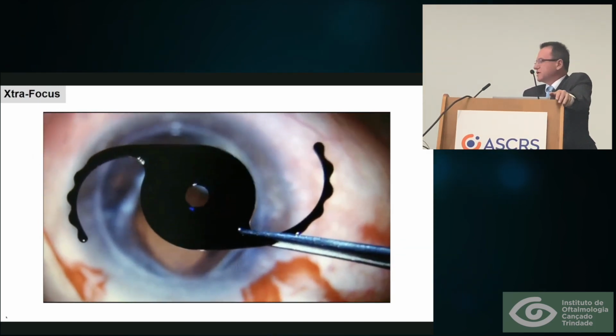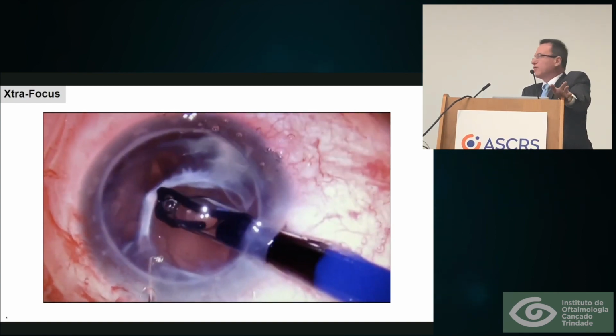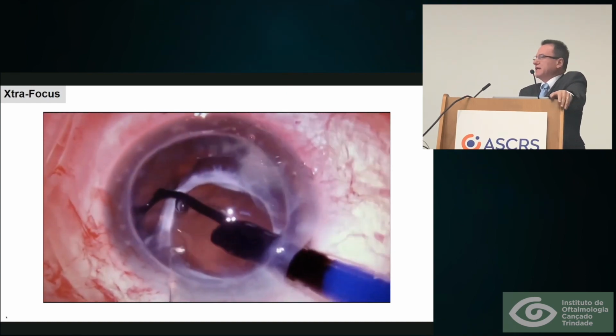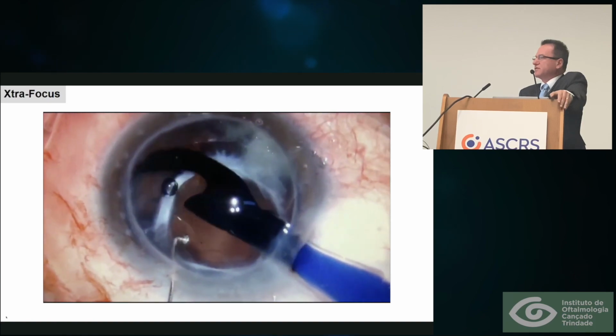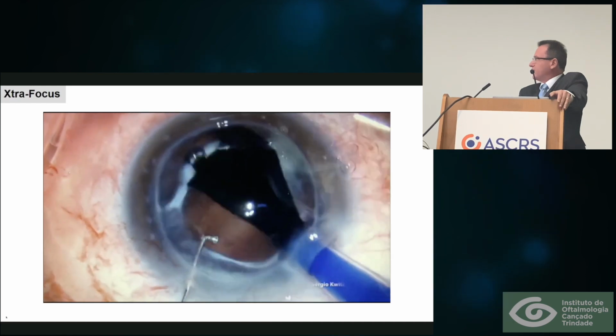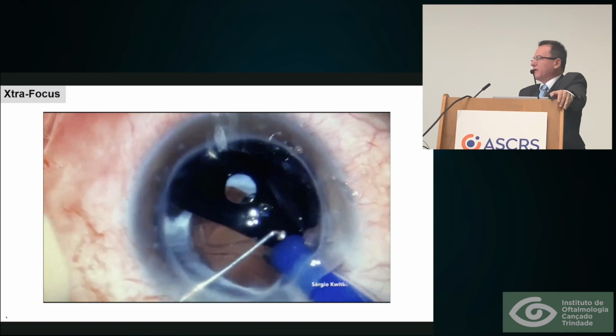So this is the implant. As Claudio told us, it's not an IOL. It should be called an implant because it's just an opening. Here you can see the corneal transplant of this colleague, this pediatrician. He was already pseudophakic. This is a very thin implant.